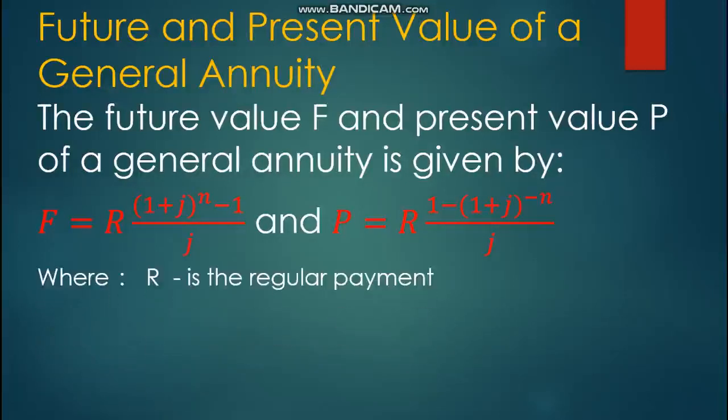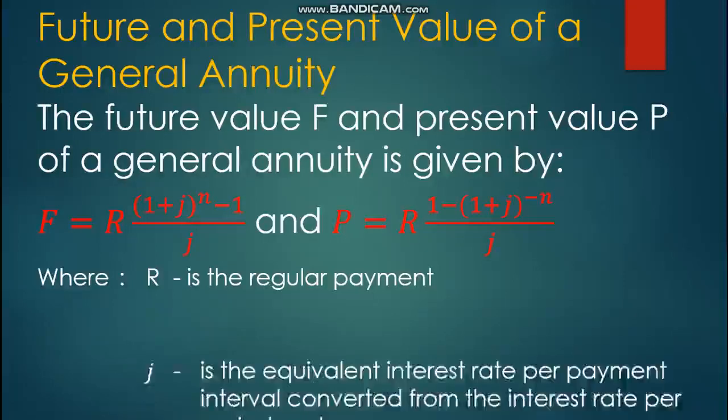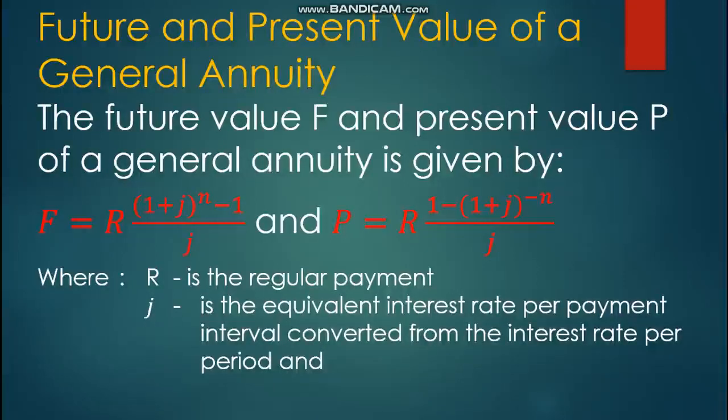Okay? R is the regular payment. j is the equivalent interest rate per payment interval converted from the interest rate per period, and n is the number of payments. So yung j natin from the simple annuity, yun yung interest per period. Dito, tatawagin natin siyang equivalent interest rate.